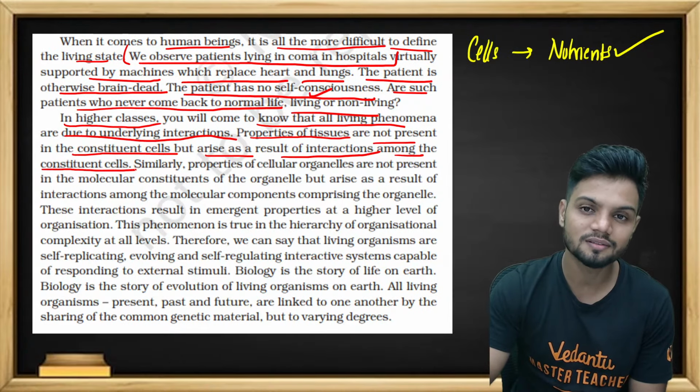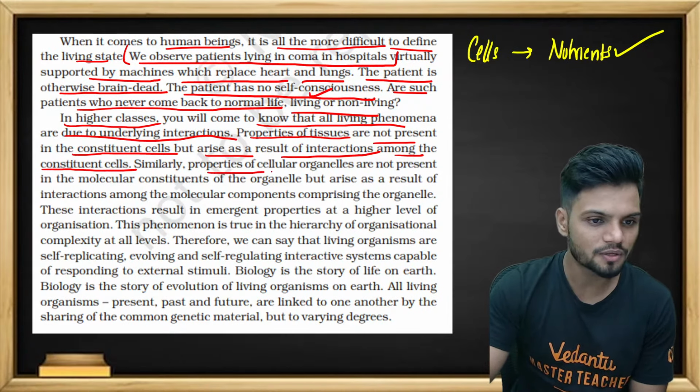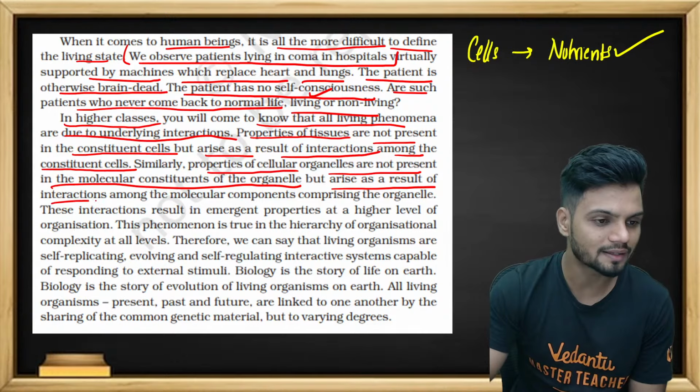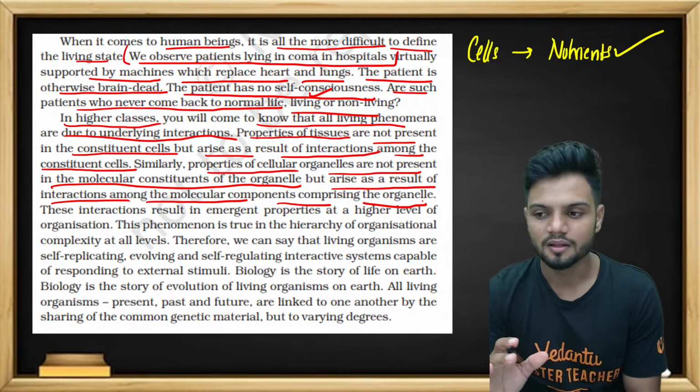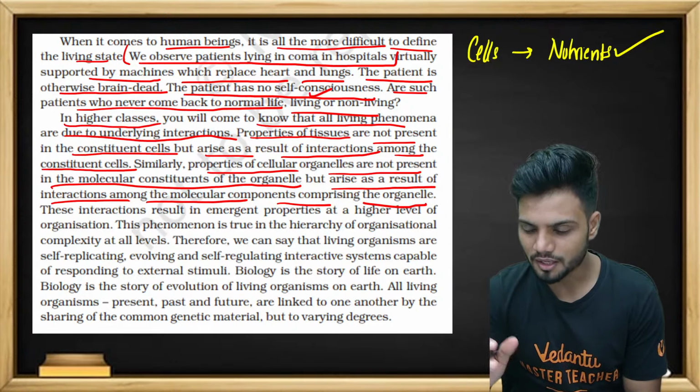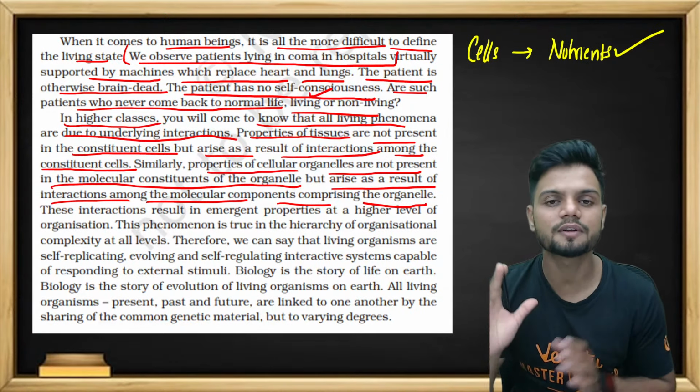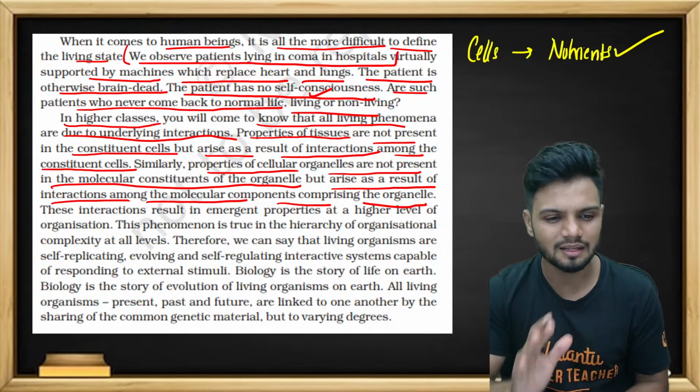You will learn all this in class 12th. Similarly, properties of unicellular organisms are not present in the molecular constituents of an organelle but arise as a result of interaction among the molecular components comprising the organelle. Basically, every single response to stimuli is because of interaction. That's all. And they'll never ask a question from here.